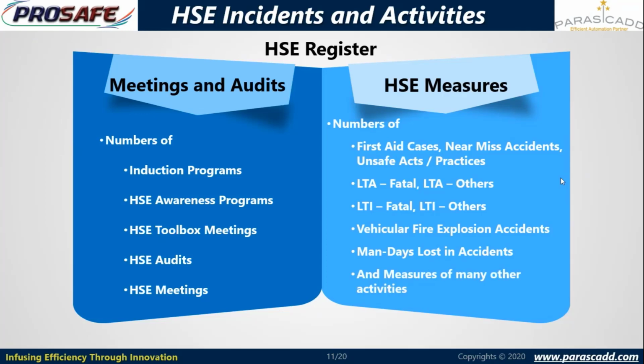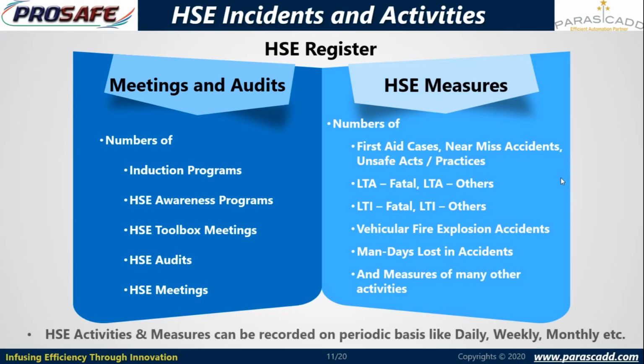In total, 29 activities are available in the register, and we can add more activities as per our requirement. HSE activities and measures can be recorded on a periodical basis, like daily, weekly, and monthly.